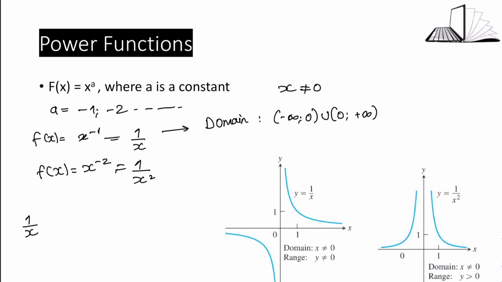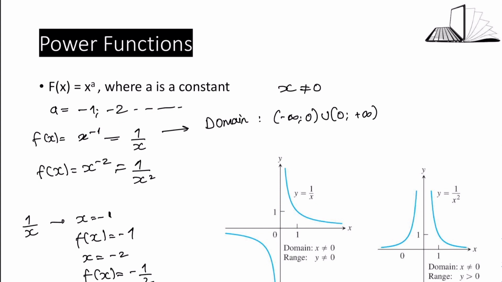Now here we can also have negative values. Why? Because if you take x equal to -1, you get f of x equal to -1. If x equals -2, then f of x equals -half.